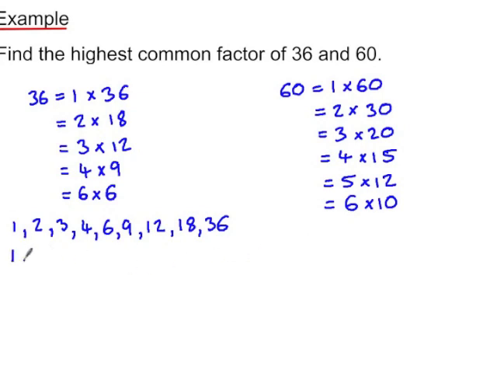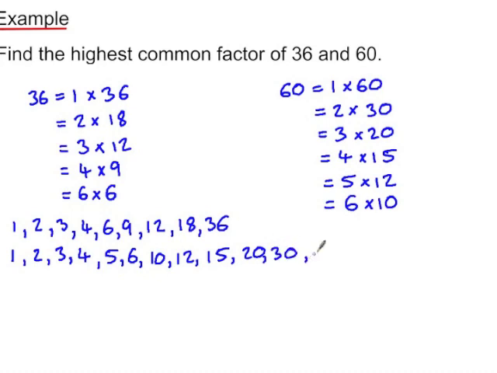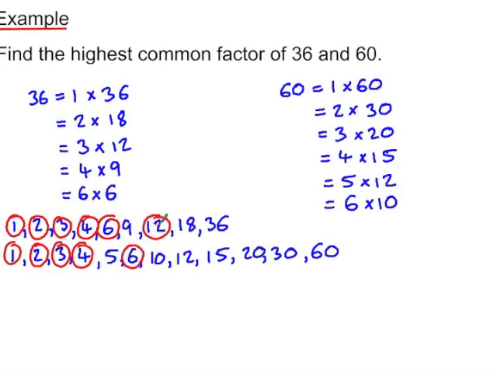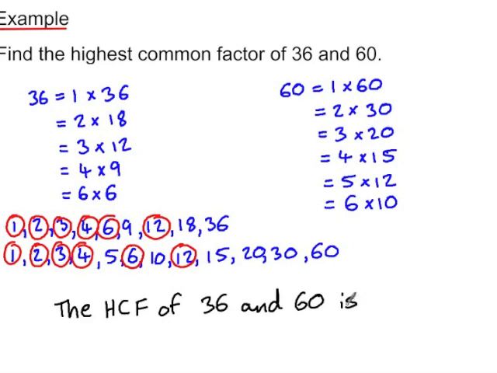And 60's factors are 1, 2, 3, 4, 5, 6, 10, 12, 15, 20, 30, and 60. So we can see the common factors are 1, 2, 3, 4, 6, and 12. And the highest common factor of 36 and 60 is 12.